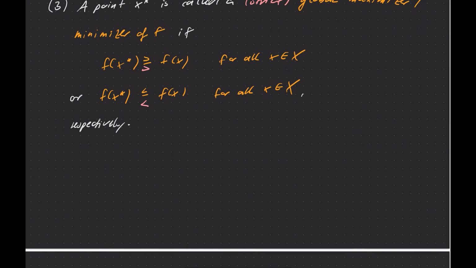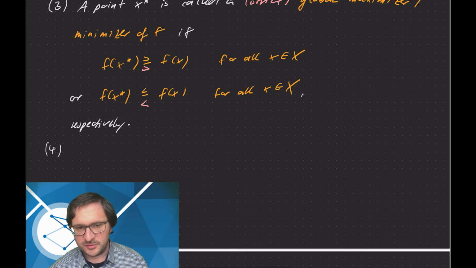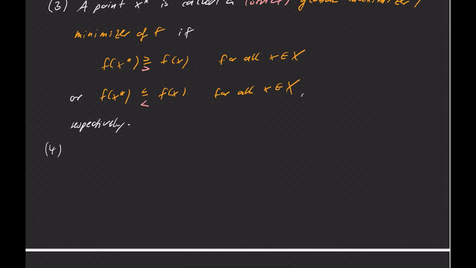Okay, point 4. Although we often use these interchangeably, we've defined the x values to be the minimizers or maximizers. So if you want to stress that we're talking about the function values, then we are talking about the minima or maxima of the function. And just to note that these both minimizer and minimum are often used interchangeably, and the same works for maximizer and maximum.